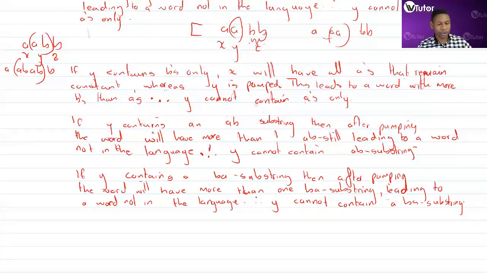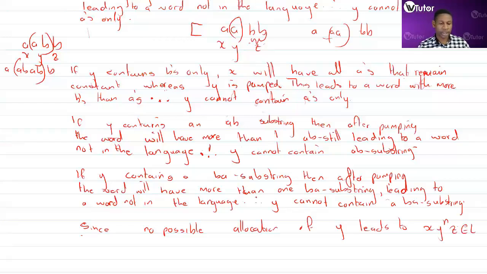So we can then get a conclusion and say, since no possible allocation of y leads to xy^nz being an element of L, we therefore negate our assumption, and conclude that L is not regular.